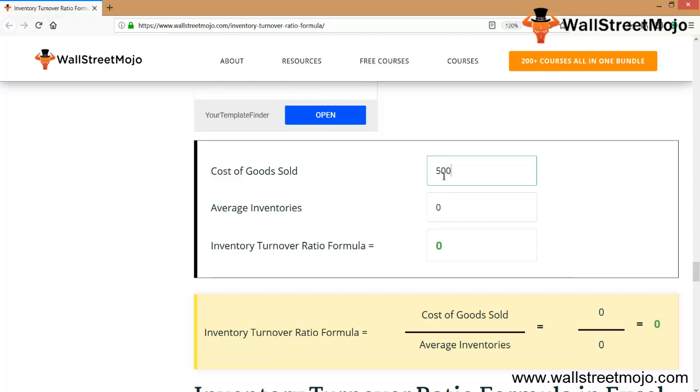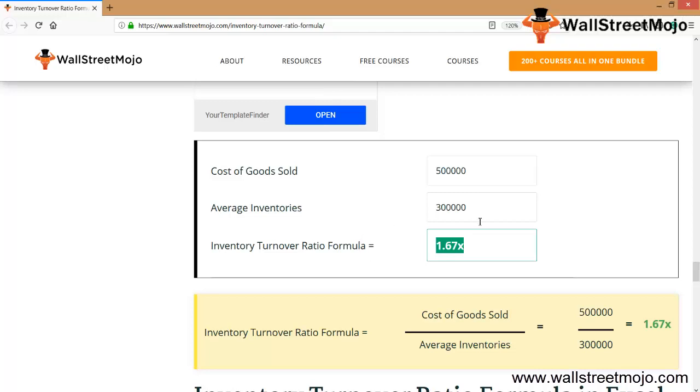Let's say your cost of goods sold is 5 lakh, and your average inventory is 2 lakh 50. What does that mean? Your inventory turnover ratio is 2x. But as you increase your average inventory, the inventory turnover ratio goes down. As we discussed, with a lower ratio the company is not able to manage its inventory well, and there is also a risk of obsolescence.